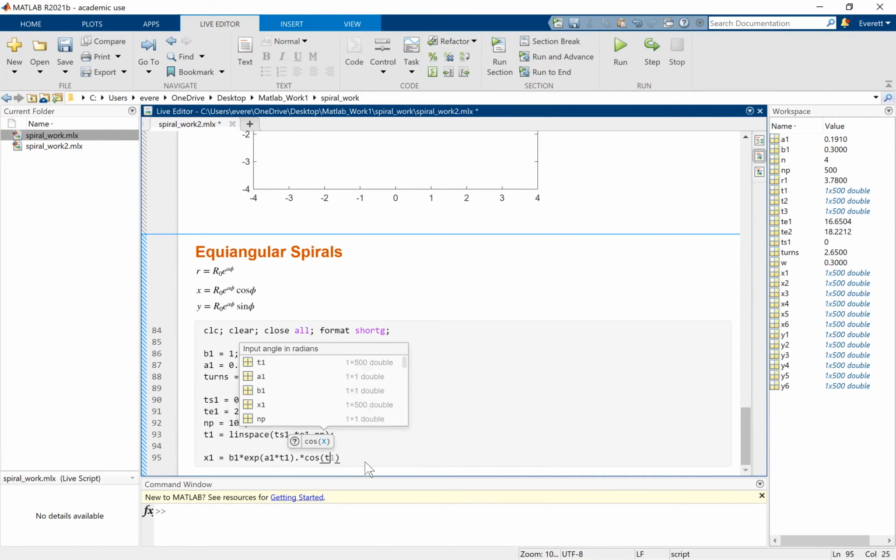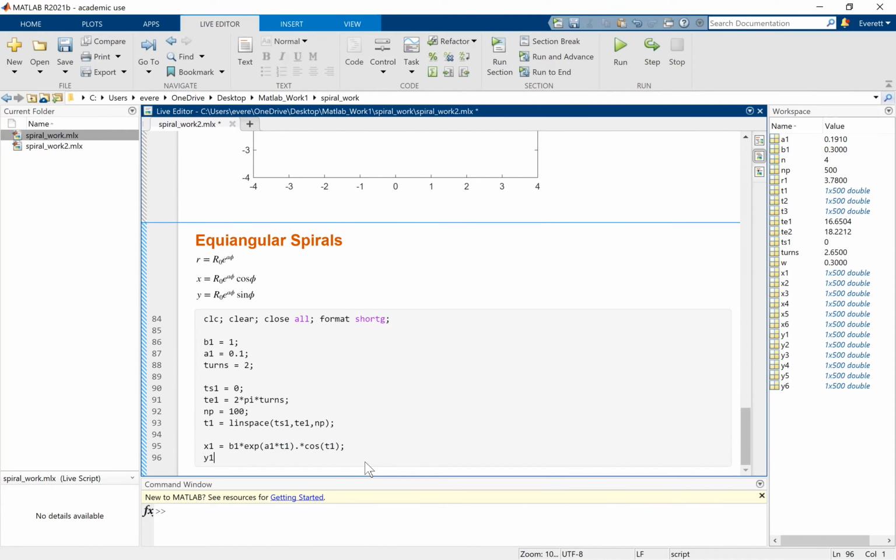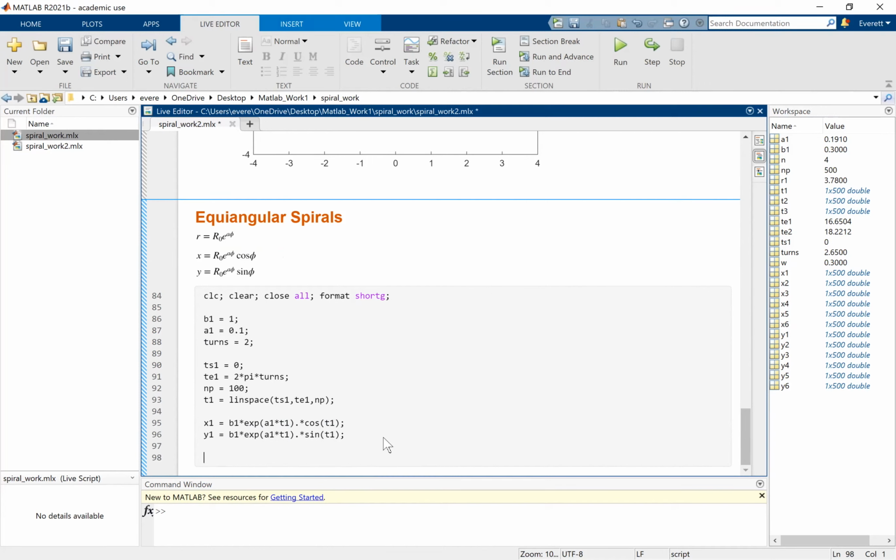And then y1 equals the same thing, except it's going to be sine of t1. Now let's make our figure and plot x1 by y1. Let's make that blue right now.